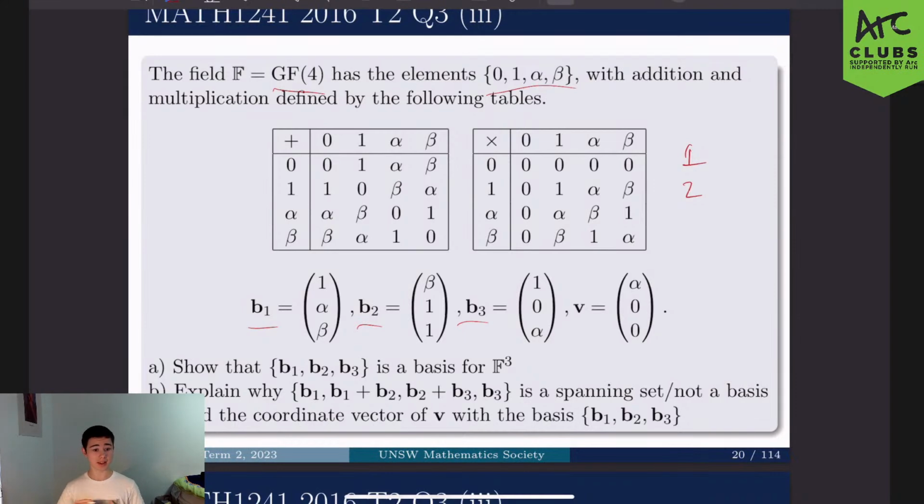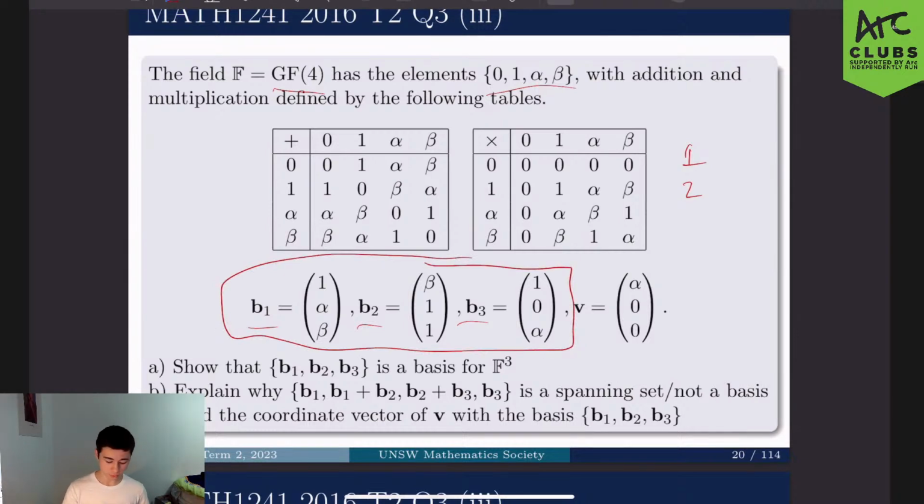The easiest way that I see doing this is we're going to make a matrix out of b1, b2, and b3, and augment it with an arbitrary element of F3.